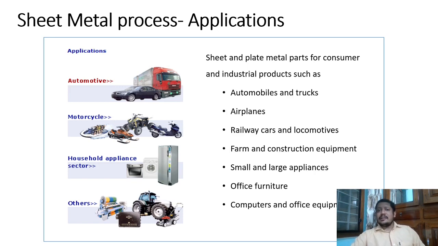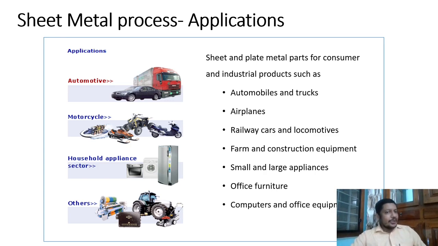Everywhere, as listed there: automobiles and trucks, airplanes, railway cars and locomotives, farm and construction equipment, small and large appliances, office furniture, computers and office equipment, everywhere you can see the applications of sheet. That is, sheet is formed under the dies and presses to get into the required or final shape, and that is what is called sheet metal operations.